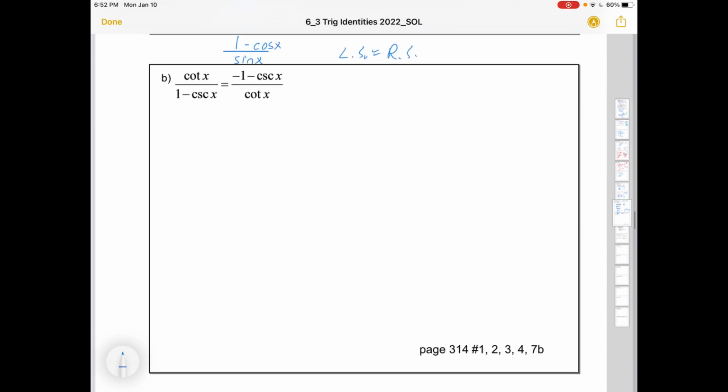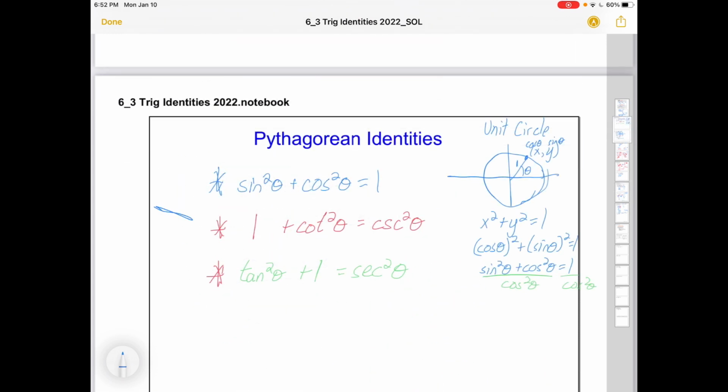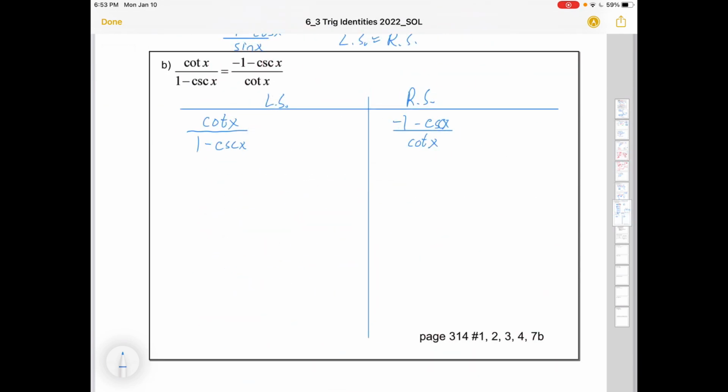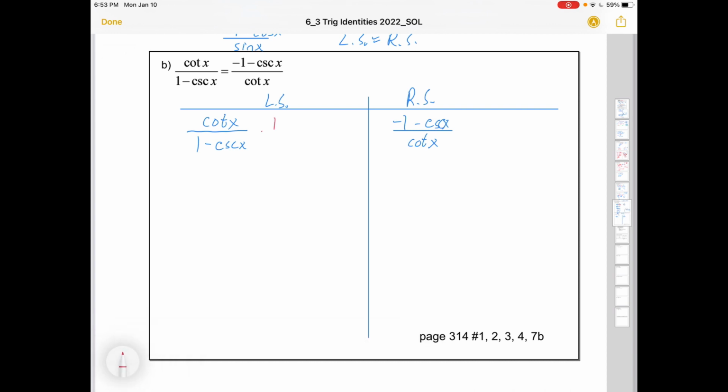So let's think about the same sort of thing in this one. The one identity you might want to be aware of here is this one that's in red, because it involves cosecants and cotangents, and this question is chock full of them. There are a bajillion ways to prove this identity. We can do it with conjugates. I would choose 1 plus cosecant x on top and bottom.